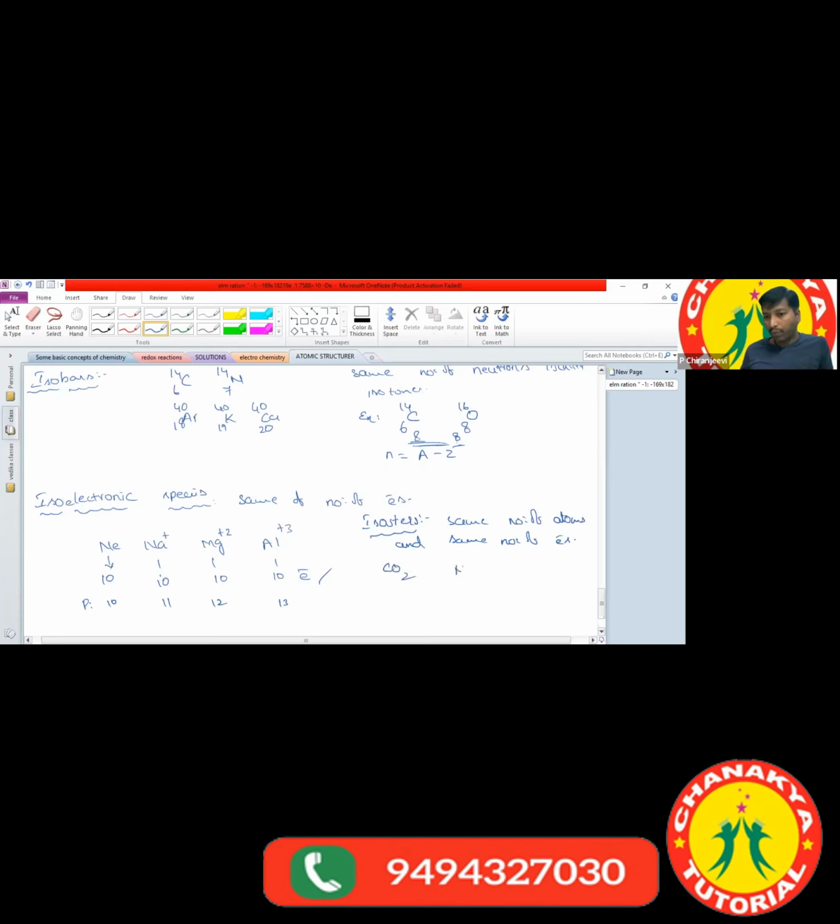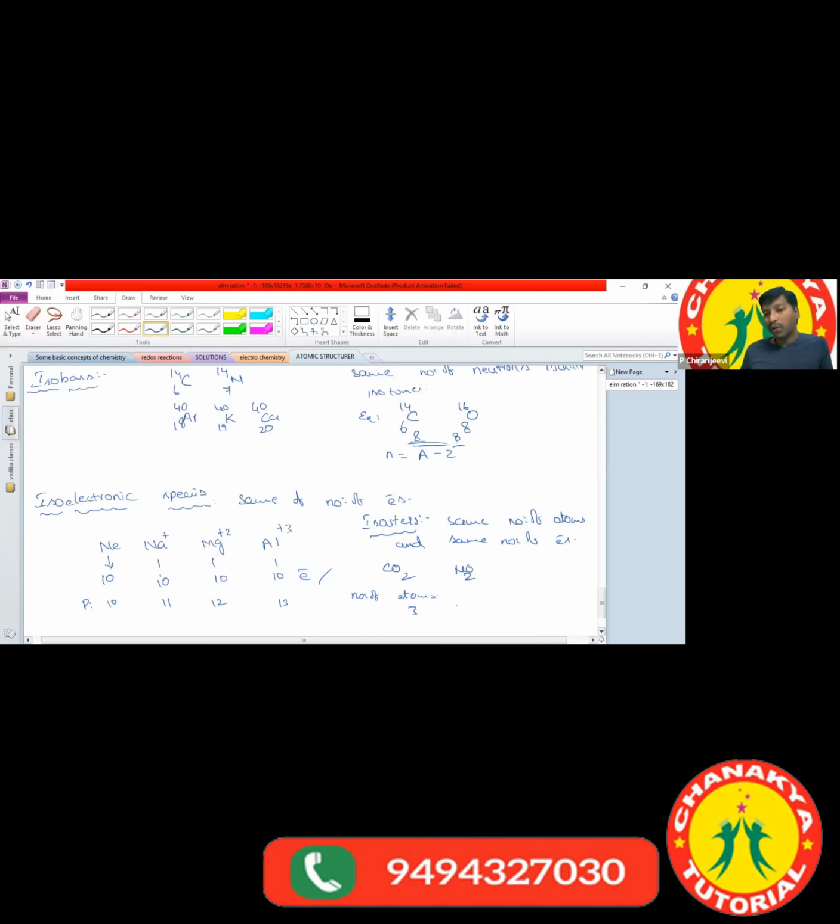CO2 and N2O. First of all, you can check the number of atoms. In CO2, how many atoms are there? 3. Very good. The number of atoms present in N2O. It's not NO2, it is N2O.